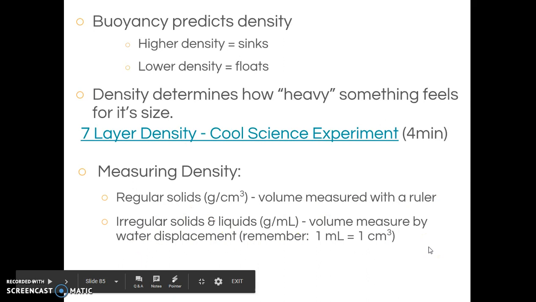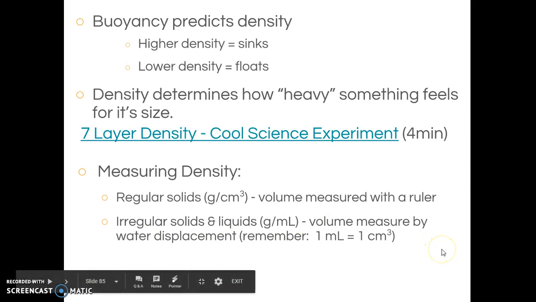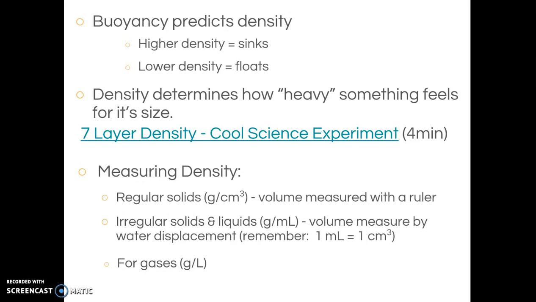We're going to do a lab with regular, irregular solids and liquids. So for gases, we tend to measure density in grams per liter instead of grams per milliliter, which is perfectly fine to do. It's just when you see gases, they're going to be reported in grams per liter.